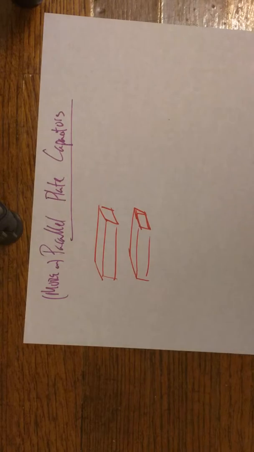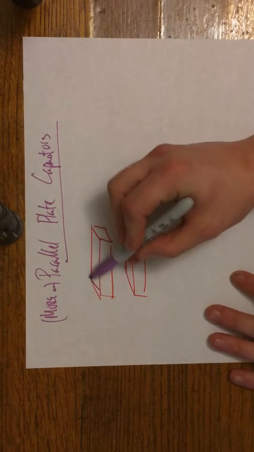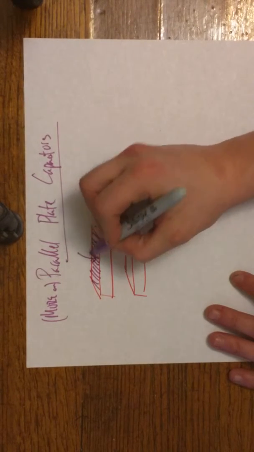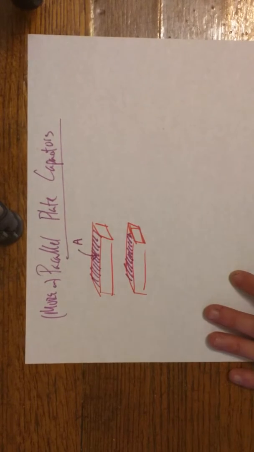On to more about parallel plate capacitors and the physical properties that make them up and define a farad. So here are my parallel plate capacitors, and I want to define this here. This surface I will call A, which is also this surface here.